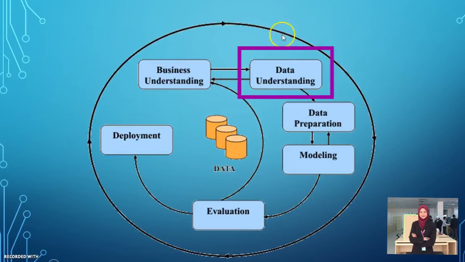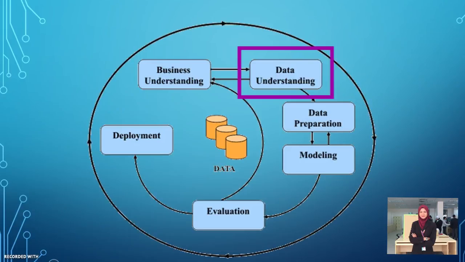For the data understanding, the second step, we have to understand the weakness and the strength of the data, in order for us to apply techniques and produce a good result. We have two questions at this stage: does the data solve our problem?